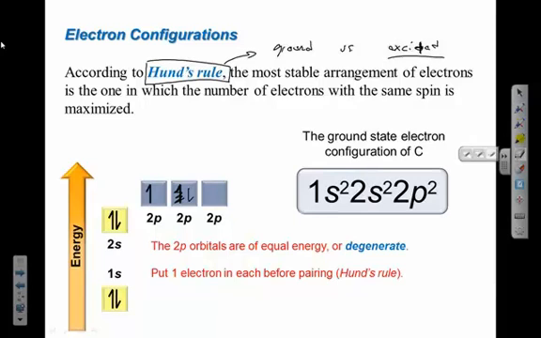And so if we follow Hund's rule, it allows us to match the behavior of the atoms that we see with the actual way that the electrons are spinning. Okay, so Hund's rule is in place because we want to recognize that the electrons are doing what they should be doing to give us the magnetic properties that we observe for different elements.